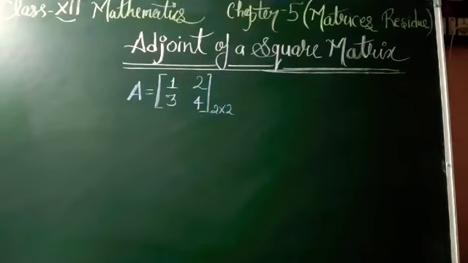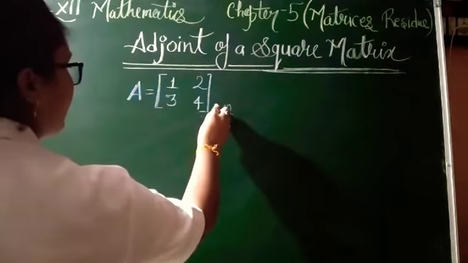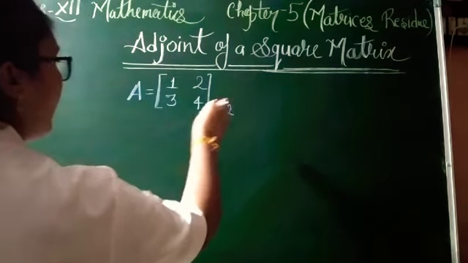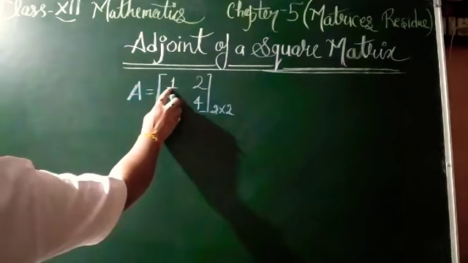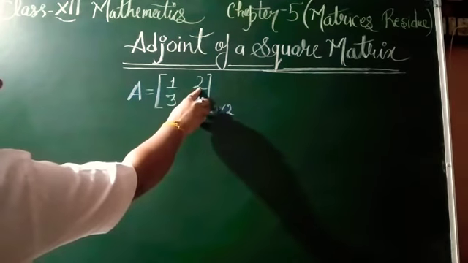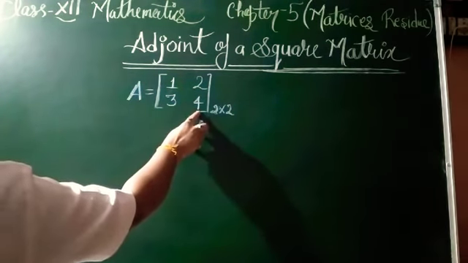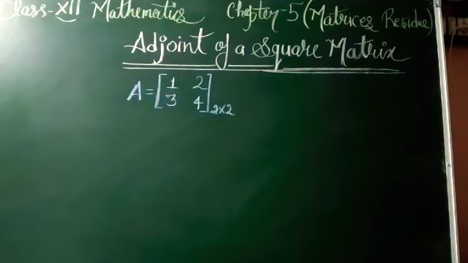You see here the original matrix is 2 by 2. Then we will find the cofactor of each element: cofactor of 1, cofactor of 2, cofactor of 3, cofactor of 4.